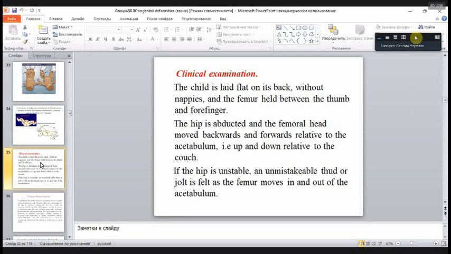If the hip is unstable, an unmistakable thud or jolt is felt as the femur moves in and out of the acetabulum.